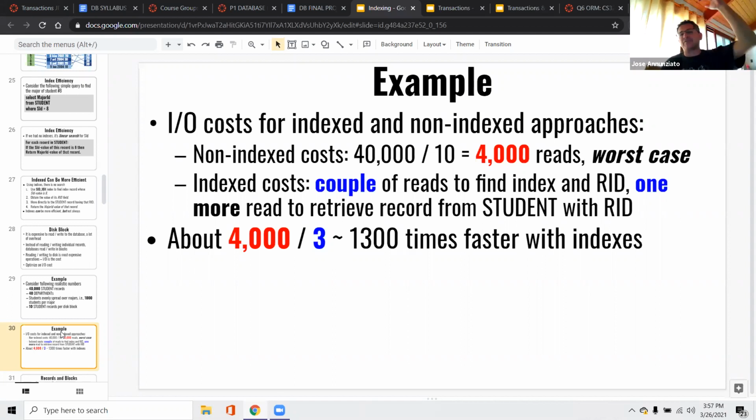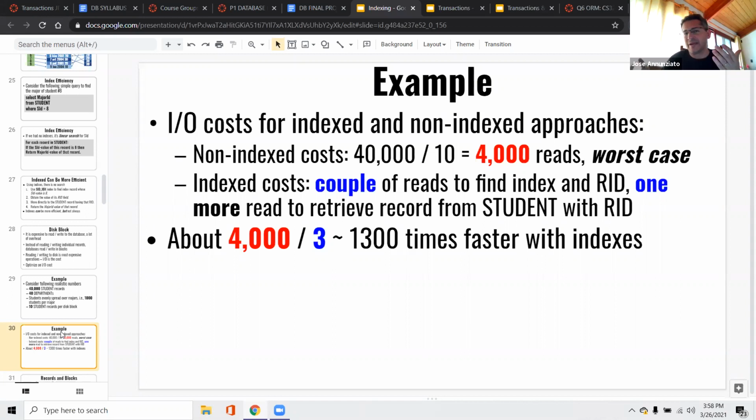So in the worst case scenario we have to read every single record looking for that student, so 4,000 reads. Now, if you're using indexing, remember, we're using these trees where we can use your ID and then do a binary search through this binary tree, going left, right, left, right, left, right, and we can very quickly go to the record of where the actual student is.